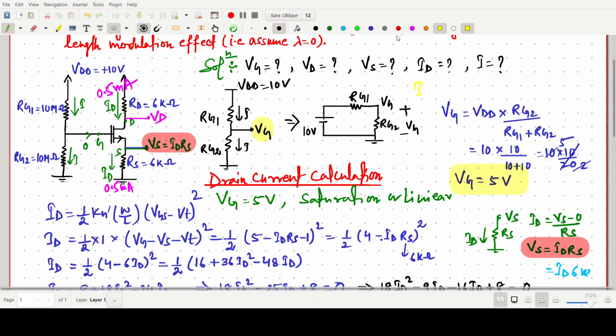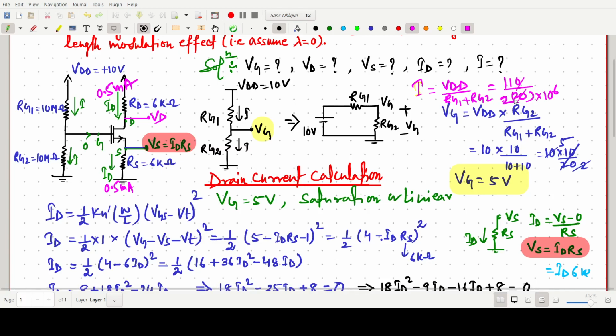This I will be VDD by RG1 plus RG2, the same current will flow. So this should be 10 by 20 mega, meaning 10 to the power 6, so 1 by 2.